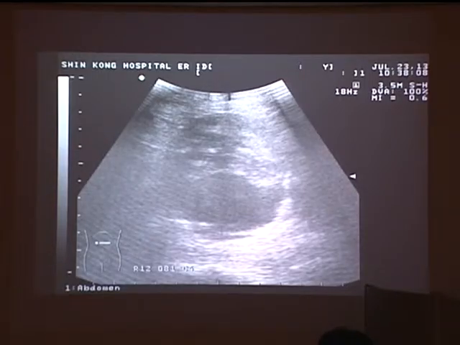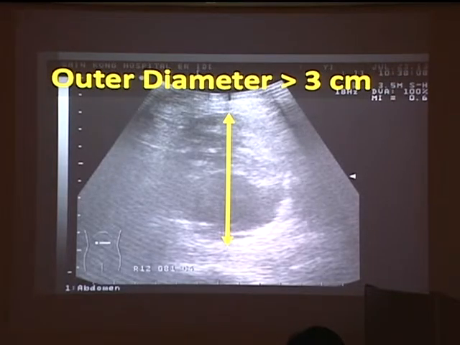But how do we define the aneurysmal dilation? Because the aorta may be complicated by thrombosis or dissection or rupture, we must measure the aorta by its outer diameter. If the outer diameter of this aorta is greater than 3 centimeters, an aneurysm is defined.